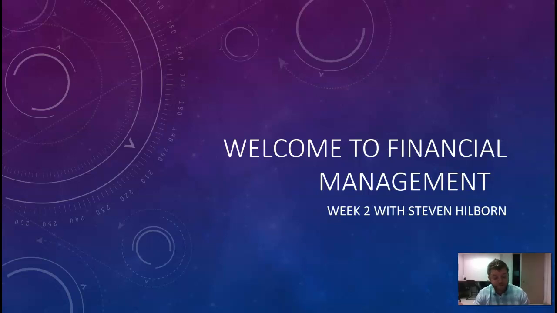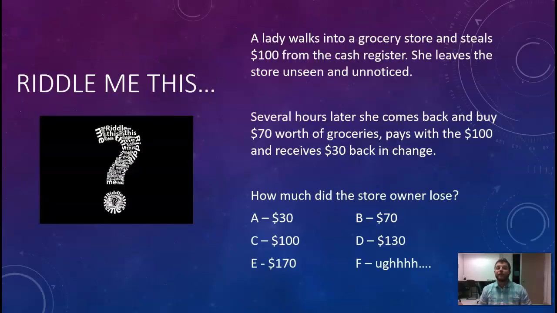Before I do so, I have a riddle for you. And when we meet in class next week, I want to see what your answer will be. So here's the riddle. A lady walks into a grocery store and steals $100 from the cash register. She leaves the store unseen and unnoticed.